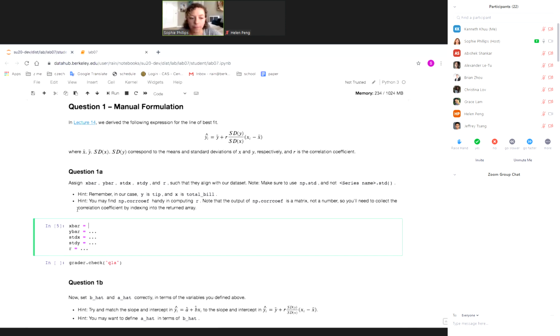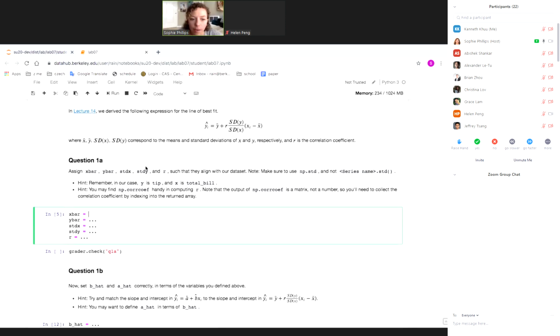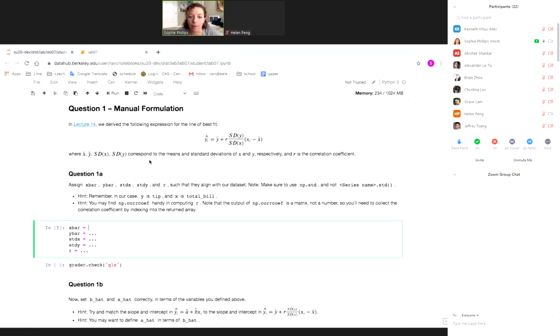So let's start with filling in x bar. Here, x is our predictor, and in this case, it's our total bill. So for x bar, we just need the mean of the total bill column, and I think our data set is called tips. Similarly for y bar, we just need the mean of the variable we're trying to predict, which is the tip column of our tips data set.